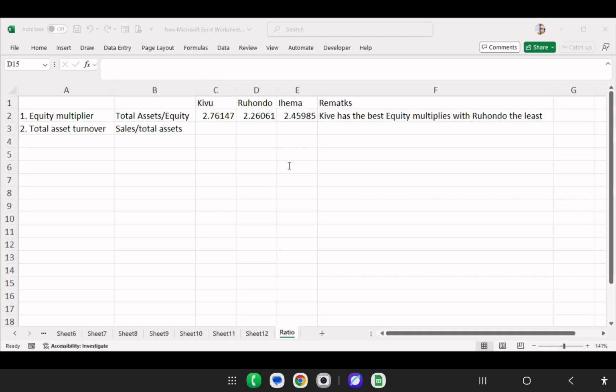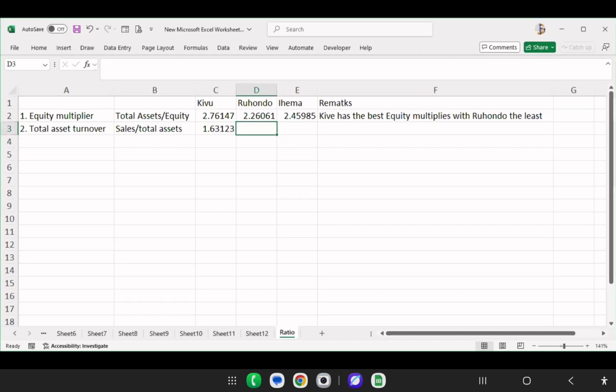So we have the sales 49.1 and the total assets is 30.1. 49.1 divided by 30.1. That one will give us the first company.